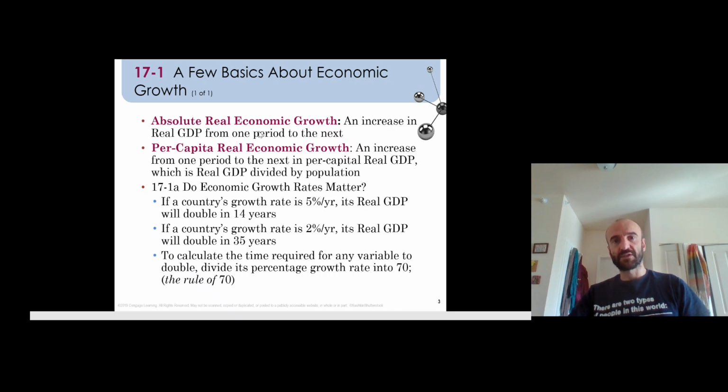So then you can say that economic growth is a positive change in the quantity of goods and services produced in a given country in a given time period, usually annually or quarterly, every 3 months.